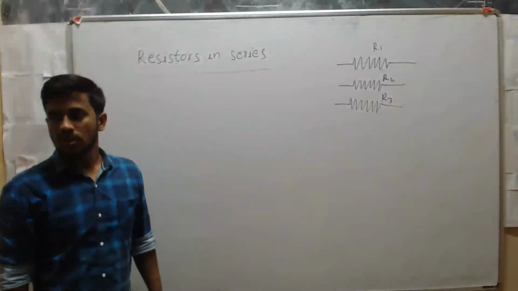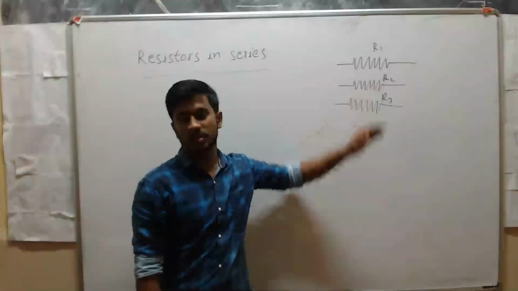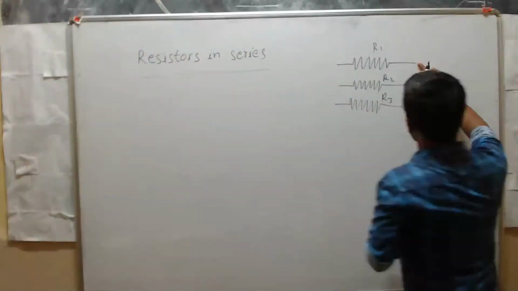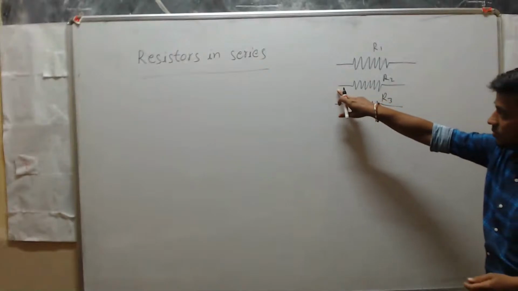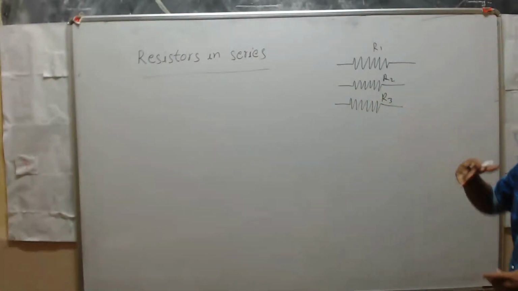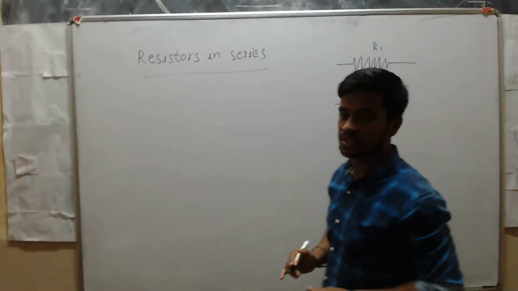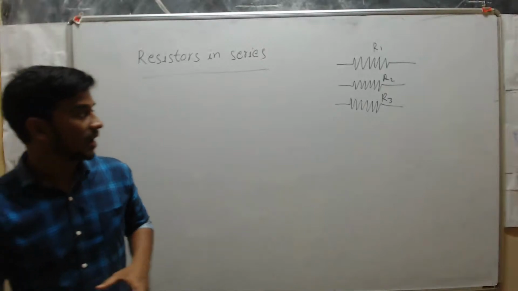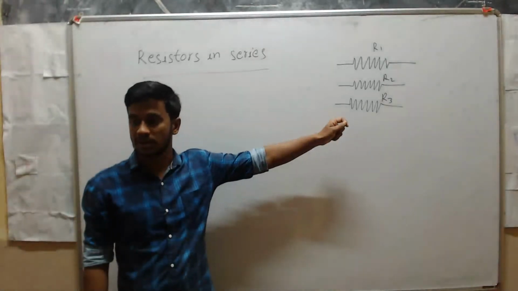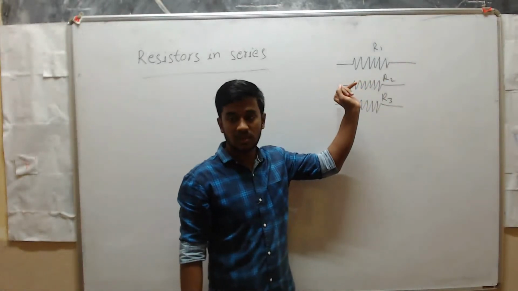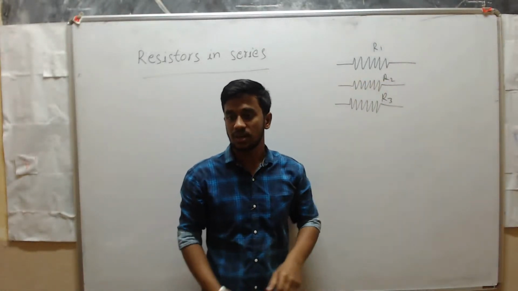Now if you connect one end of this resistor to one end of this resistor, and this end of this resistor to this end, then, if you connect the resistors end to end, we can say that those resistors are in series.